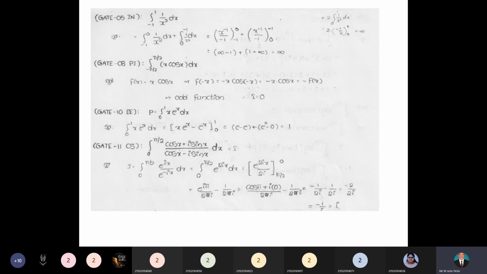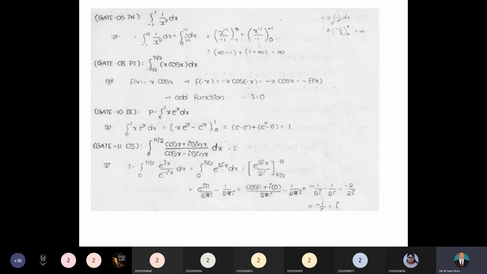Here x is the variable and 2i is the constant. Integrate the exponential function the usual way: you will get e power 2ix divided by 2i, with limit 0 to pi by 2. The upper and lower limits were wrongly put on the slide, swapped, but change it: the upper limit is pi by 2.